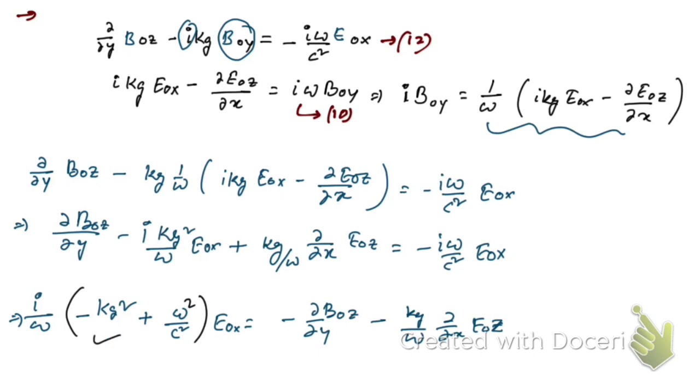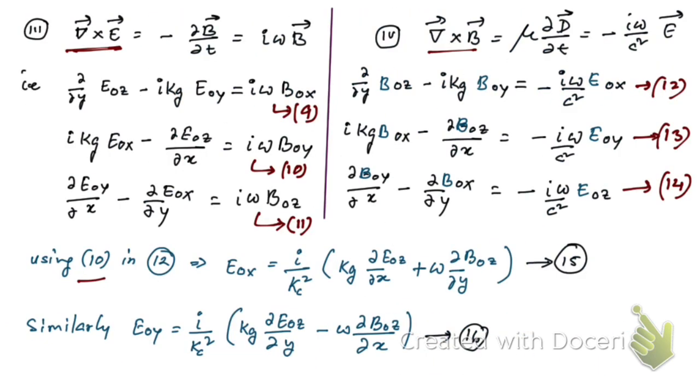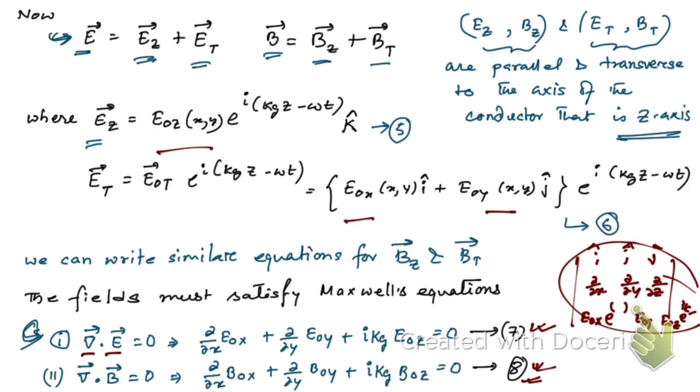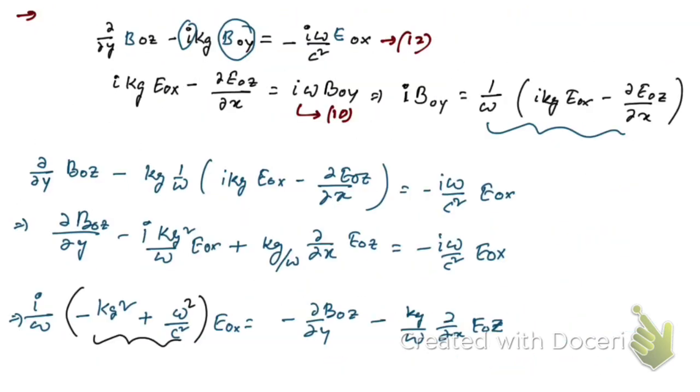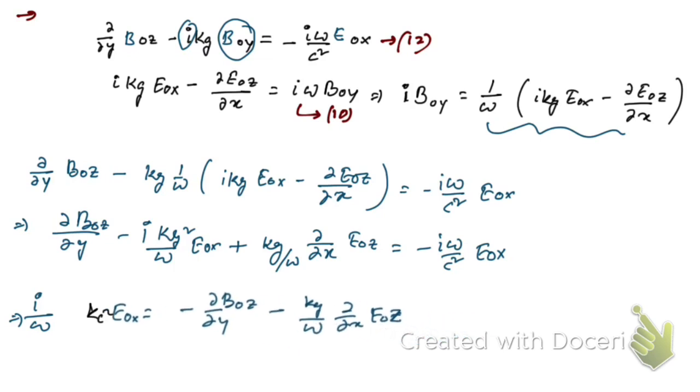And as I have already mentioned, this is equal to, sorry, not kz, kc square is equal to this one. We have already mentioned here, you see. Okay, where I had mentioned this, let me show you this one. kc square is equal to this. So here you see, this will be replaced by kc square. Then this equation will be of this form, kc square E0x is equal to this.